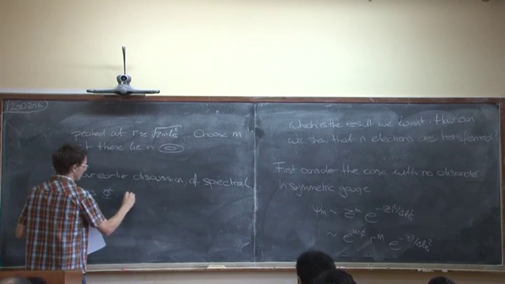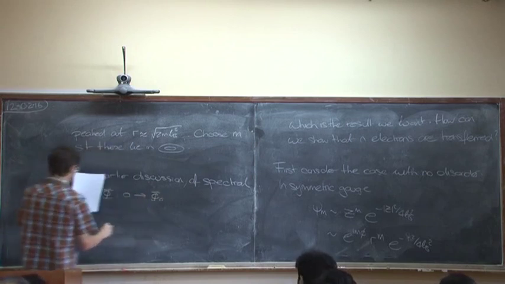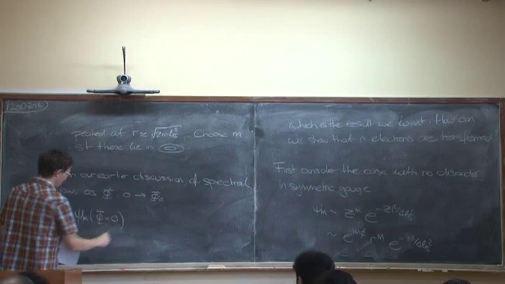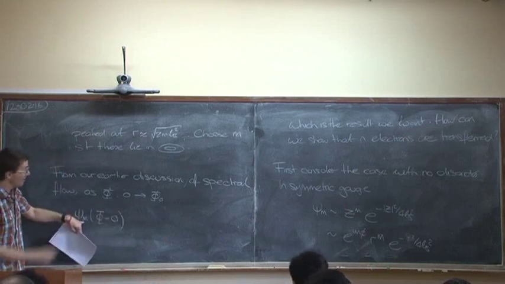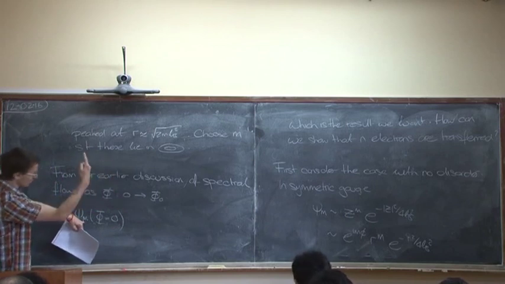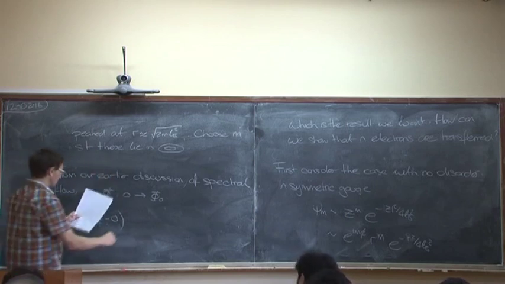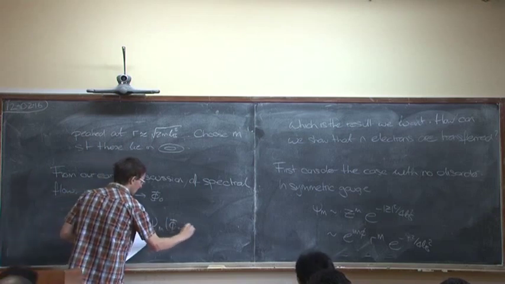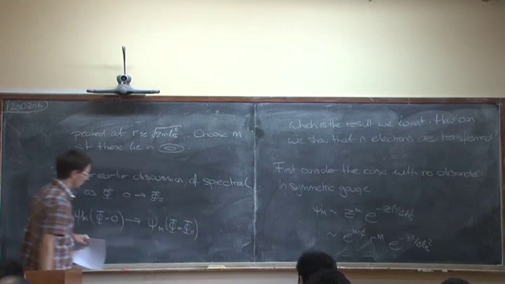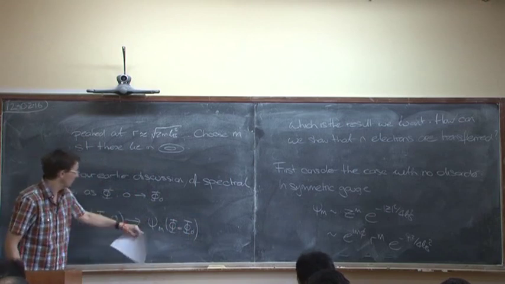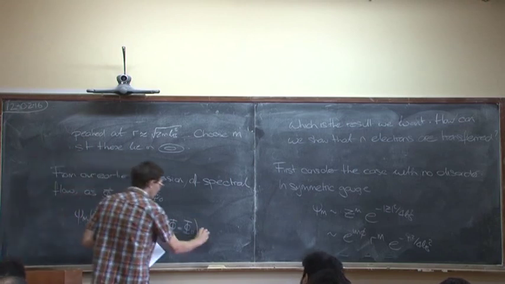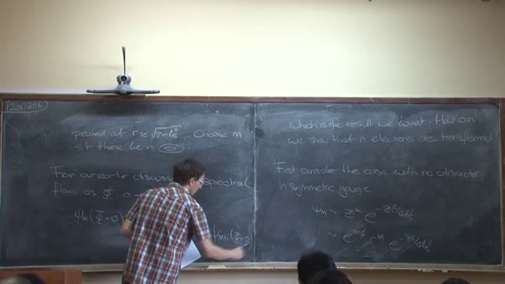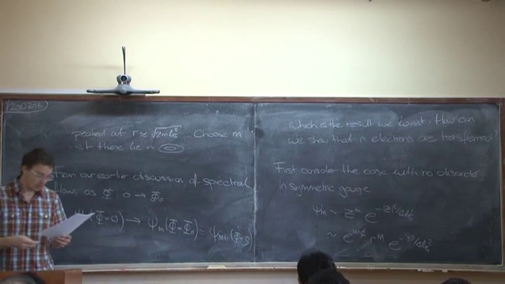So phi goes from 0 to phi 0. The state psi_m, where m is the angular mode when phi is equal to 0, goes to, when you increase phi, the state psi_m plus 1. So you undergo this spectral flow.